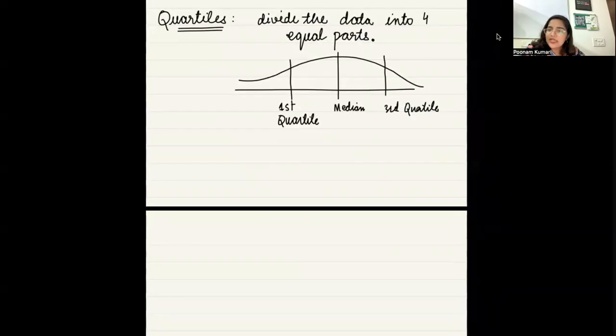There is something called percentiles also. Have you heard of the term percentile? Yes, ma'am. So what is a percentile? Ma'am, I think it divides into 10 parts. No. Have you heard of the term that I got 99 percentile in the CUET exam?